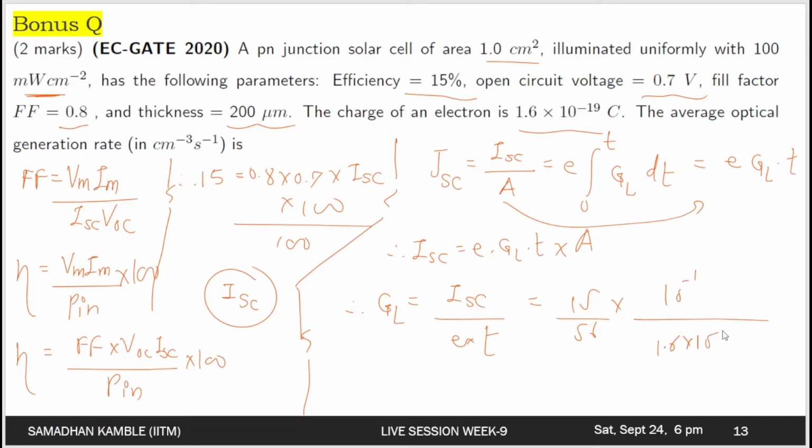With 1.6 times 10 to the power minus 19, and T is 200 times 10 to the power minus 4, we'll get the value of GL, the average optical generation rate in per centimeter cube per second, as 0.84 times 10 to the power 19. Okay, so we get the parameter that we wanted to calculate.